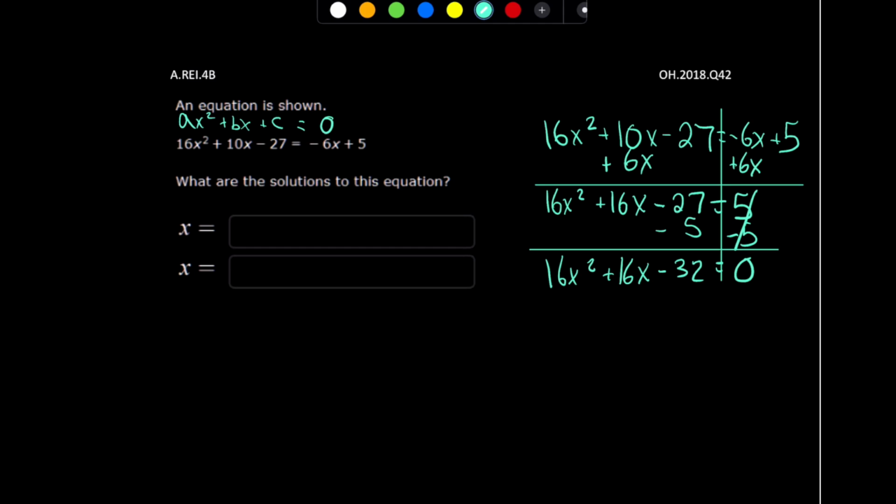Let me see if I could quickly pull up studio mode here. Calculator. Okay. Because I have a feeling we're going to need this.